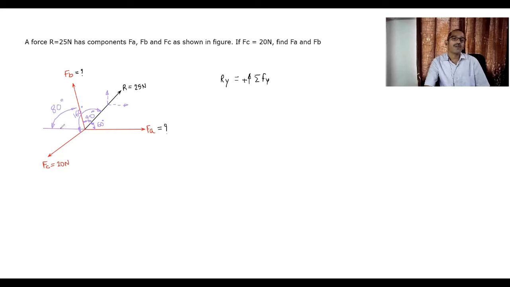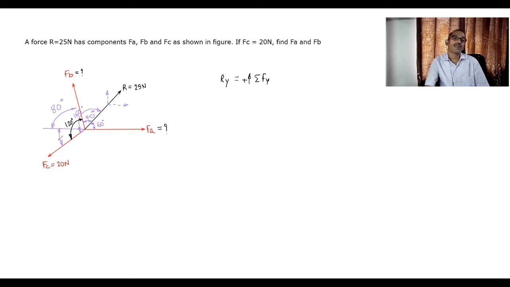We'll find the inclination of Fc also so that resolving becomes easy. Fc is inclined at 160 degrees with the resultant. Now we subtract the angle between the resultant and Fb, that is 40 degrees, so the angle between Fb and Fc is 160 minus 40, which is 120 degrees.